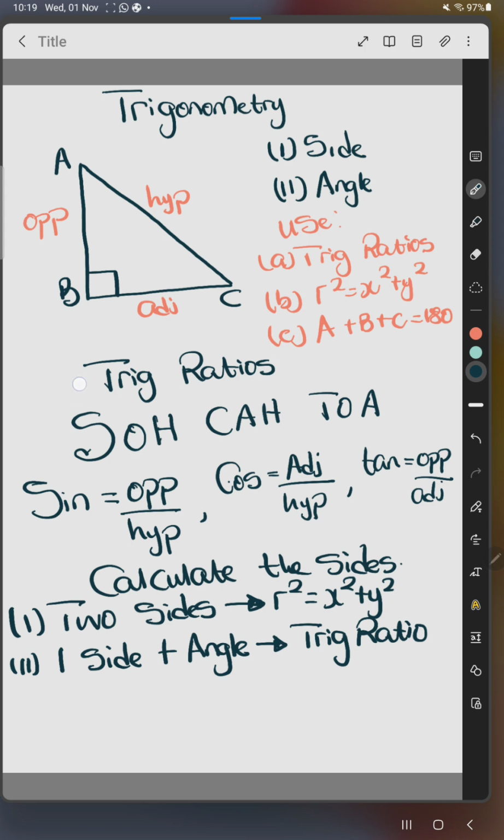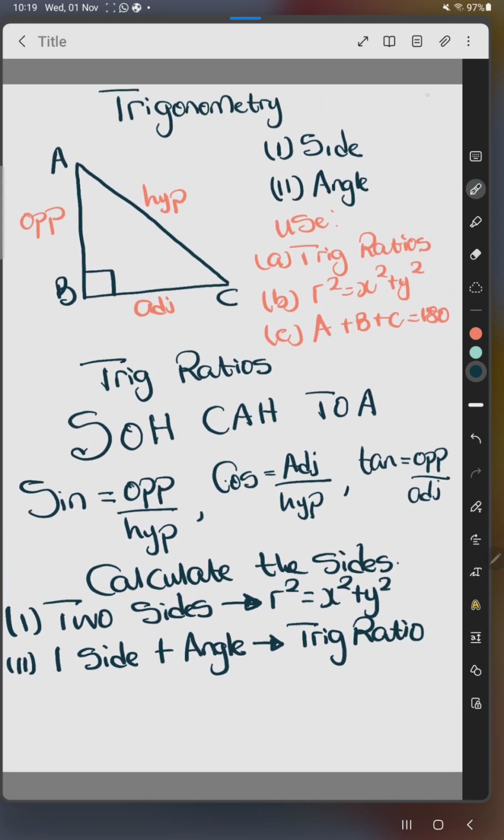Then we have to calculate the angle. How do we calculate the angle?